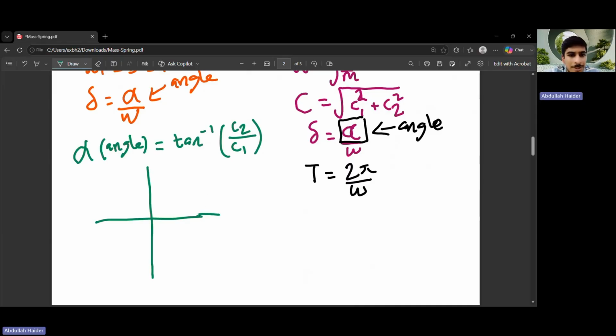So let's say you have C1 and C2 as your X and Y on a 2D plane. I'll write it like this, by the way, it will look better.